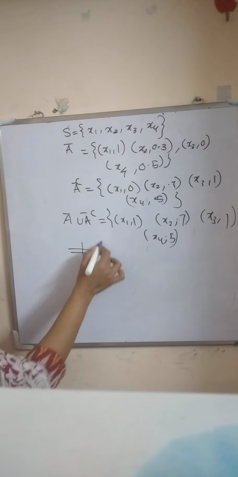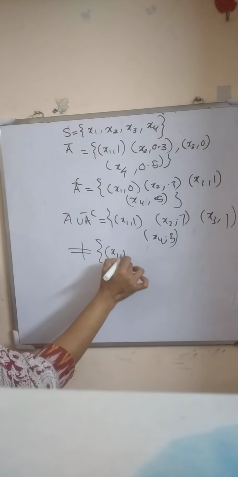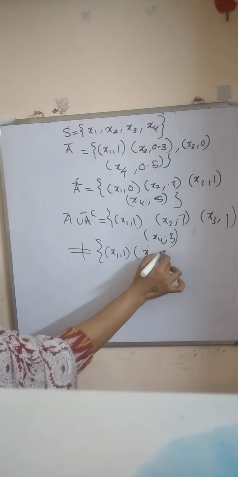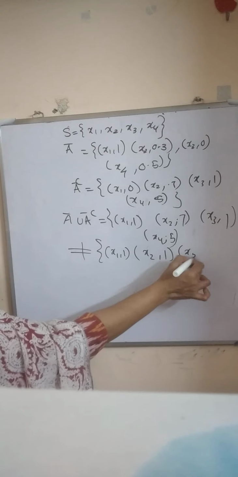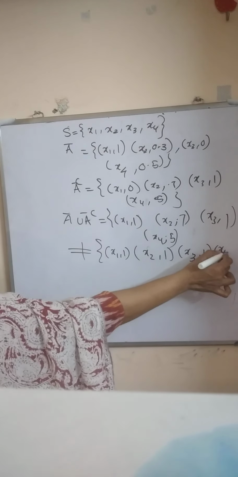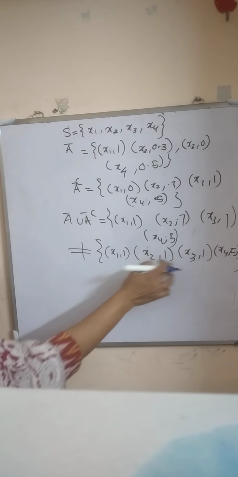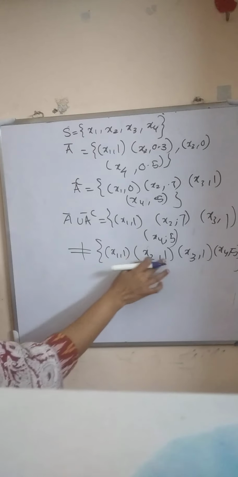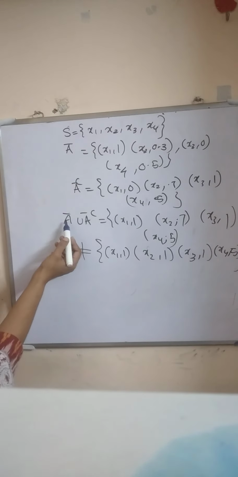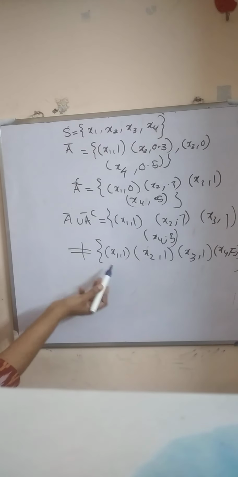This is not equal to the set of all ordered pairs x1 1, x2 1, x3 1, x4 1 because all these values in the sample space x1, x2, x3, x4 are in the sample space, therefore its membership function is also equal to 1. Here A bar union A bar complement is not equal to the sample space.